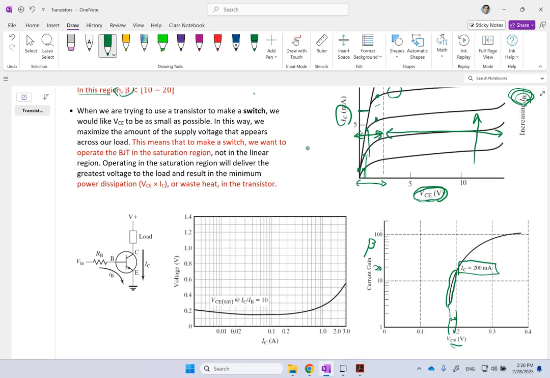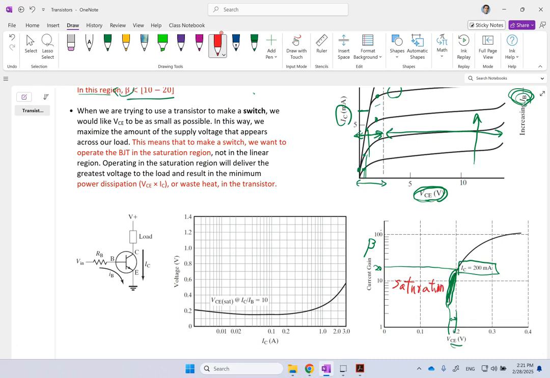This number is 20. You see that in this region, on this green side, your beta is 20 or below, okay? So below beta of 20, you can say that this side is kind of the saturation side. This is the side that the voltage VCE is not really showing much of effect.